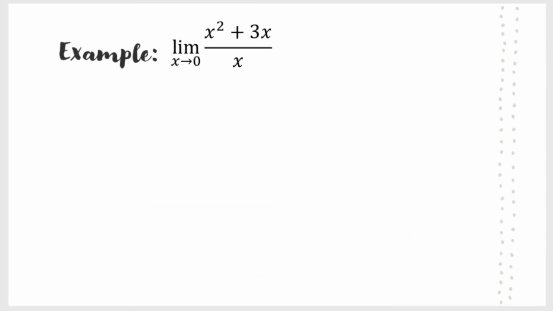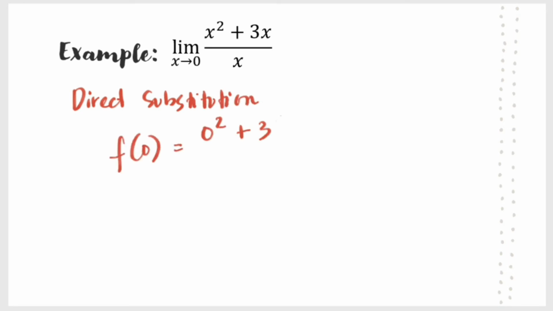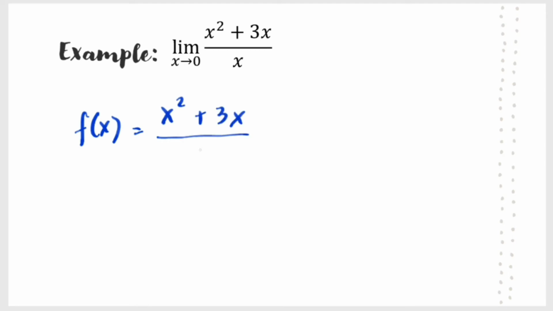Let's have another example. The limit of x squared plus 3x all over x as x approaches 0. First, let's try direct substitution. It will give an indeterminate form. So what we need to do is factor the numerator, using common monomial factoring, where x is common.